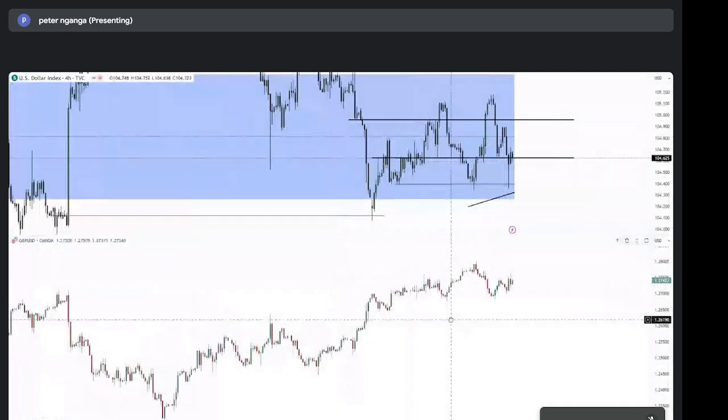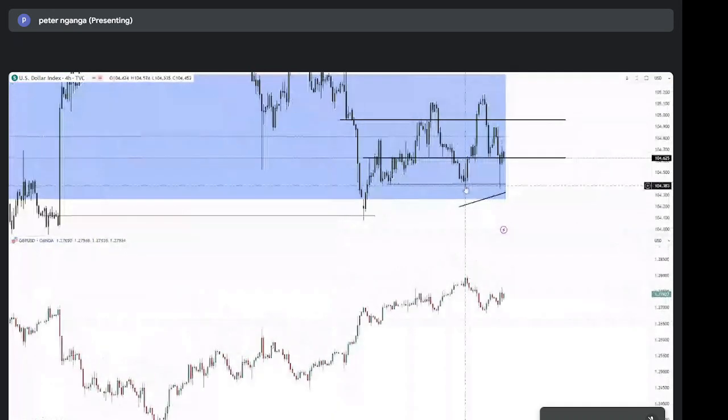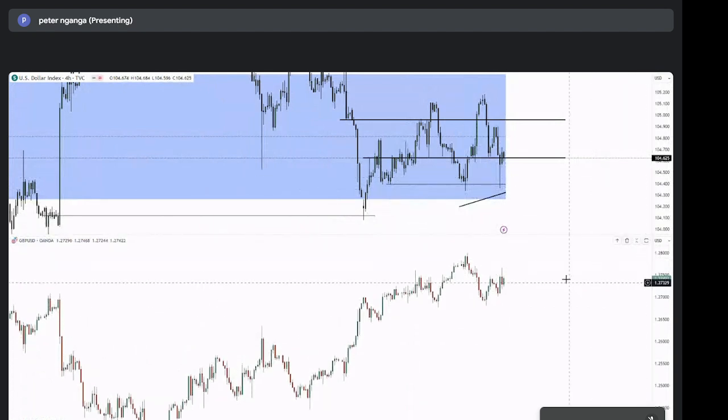So we can see this low on the dollar again. So this high, and this low on the dollar again, and this high. So the selling opportunities for USD and Euro USD and whatever NZD USD are valid.